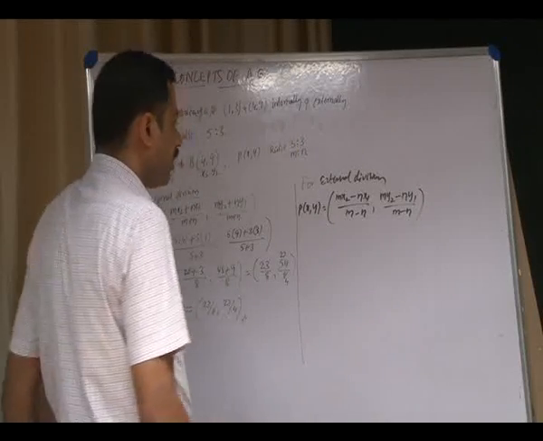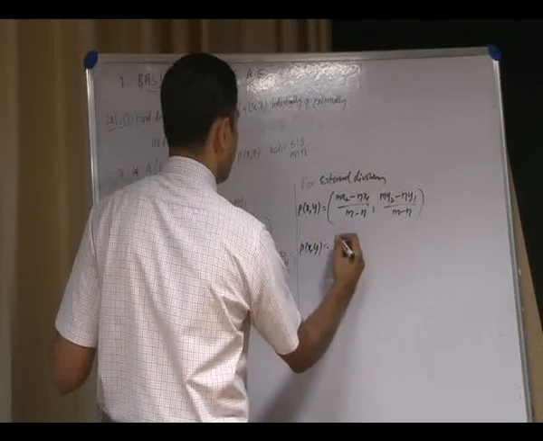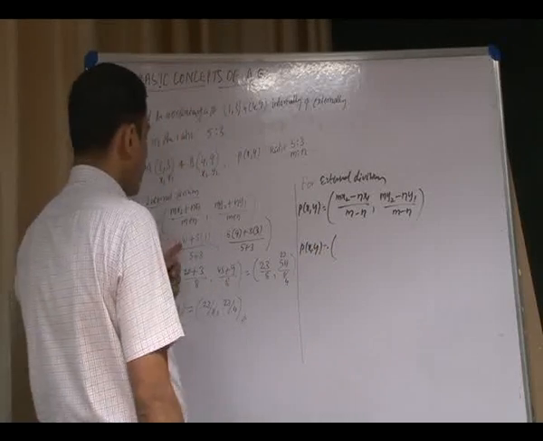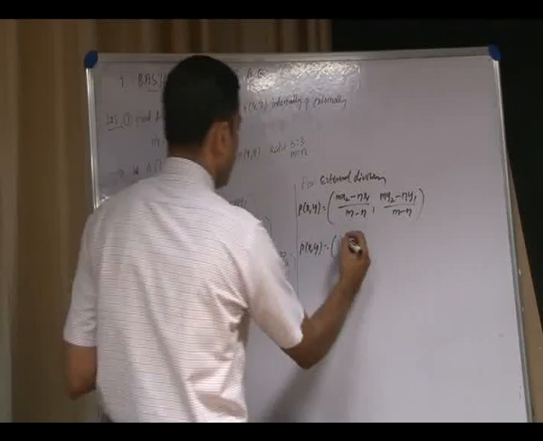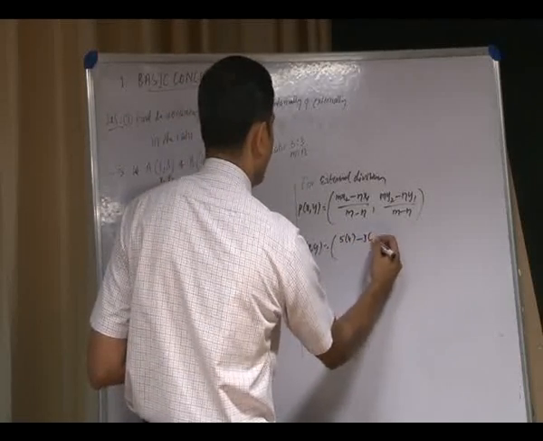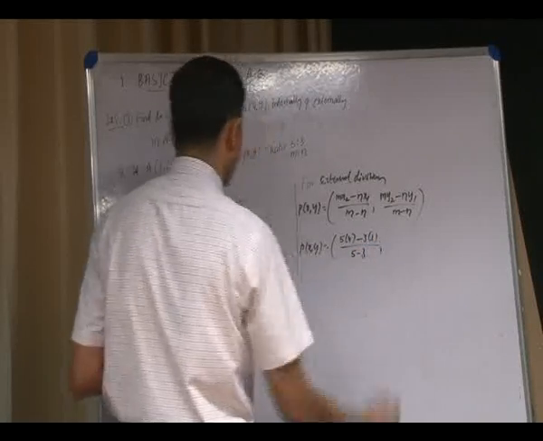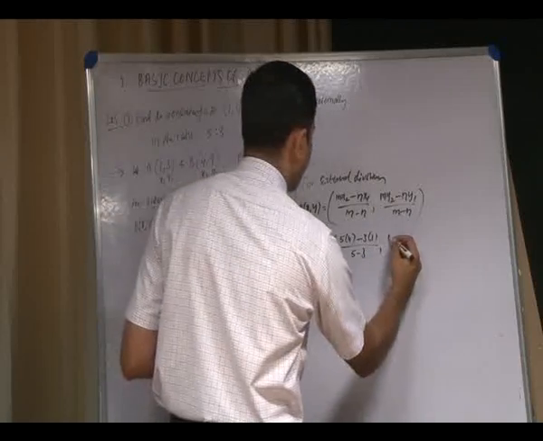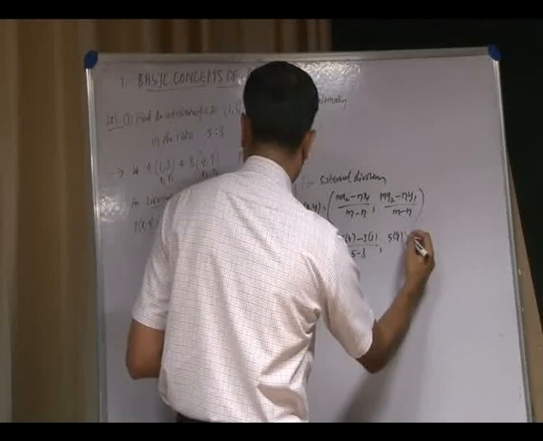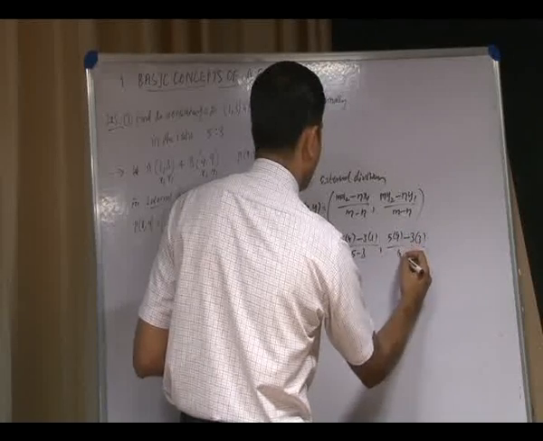So, substituting in this, we get P(x, y) is equal to, the coordinates are the same, 5 into 4, the m value is 5, into 4 minus 3 into 1 divided by 5 minus 3. Then for the y coordinate, 5 into 9 minus 3 into 3 divided by 5 minus 3.